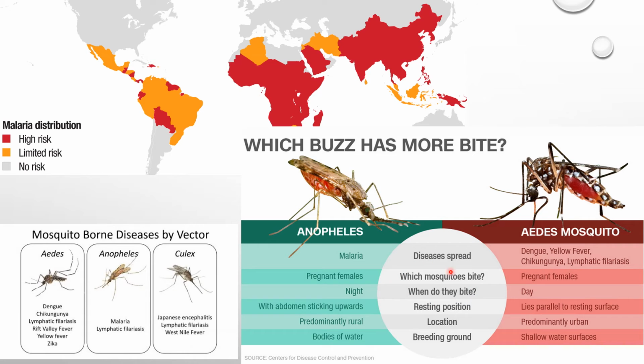If you look at when they bite, the mosquito that is a vector for malaria bites more at night, but the mosquito that transmits the parasite for dengue and yellow fever bites more during the day. And then look at their breeding ground. Also different niches. One is in any body of water, and the other one is at a shallow water surface. So it could even be just a puddle.